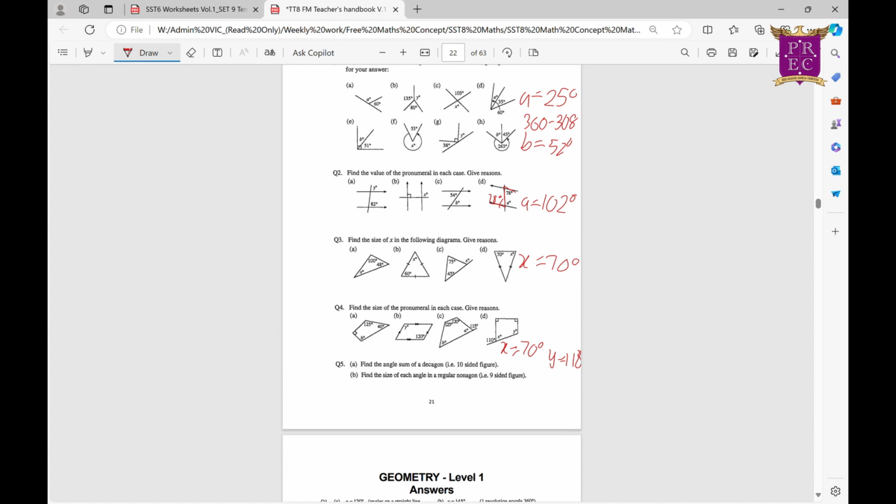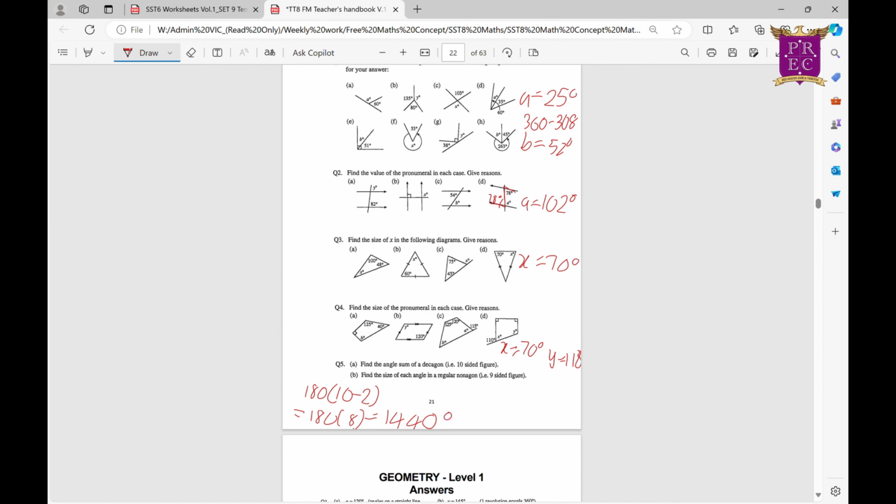Find the angle sum of a decagon, so we just do 180 times 10 minus 2, which is 180 times 8. That should give us 1,440.